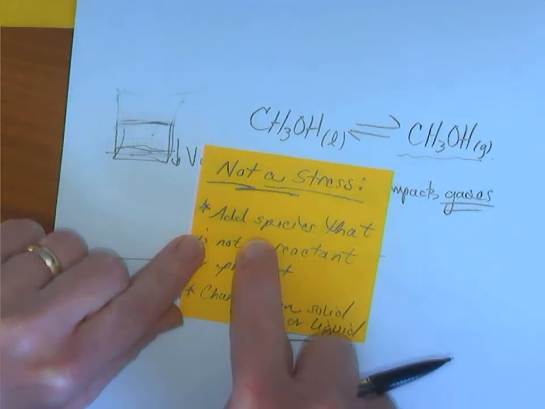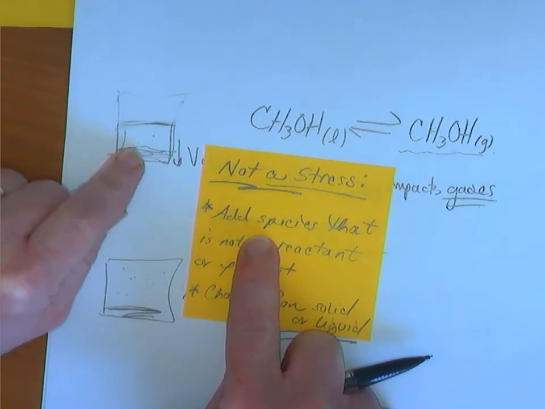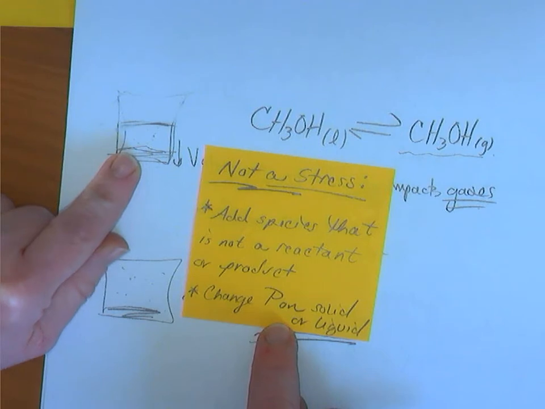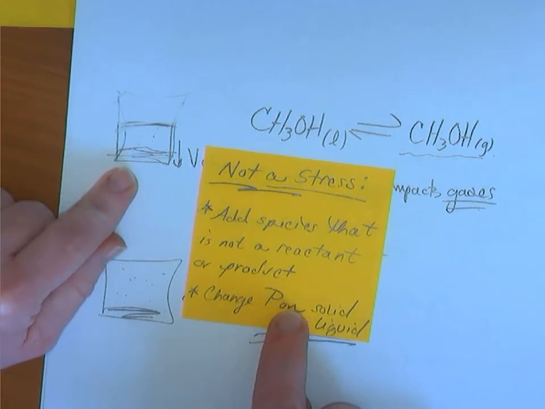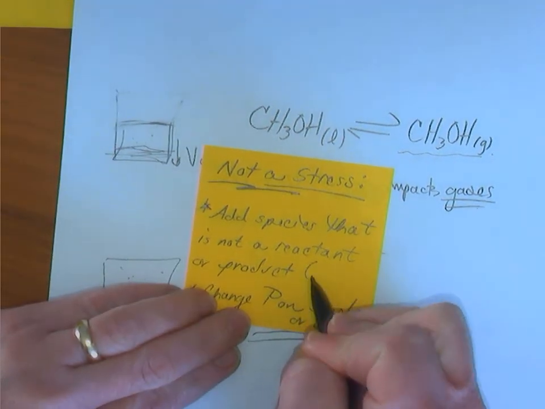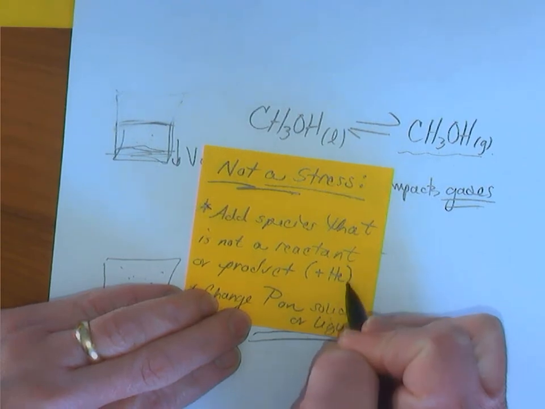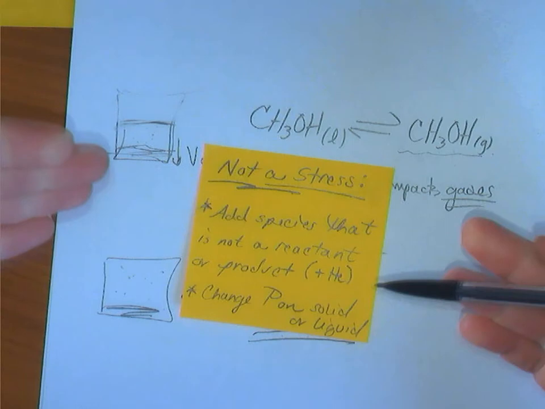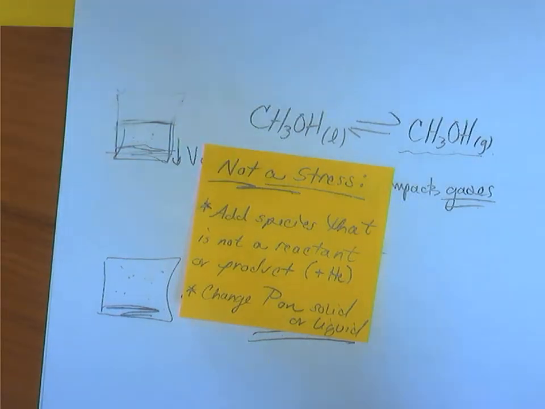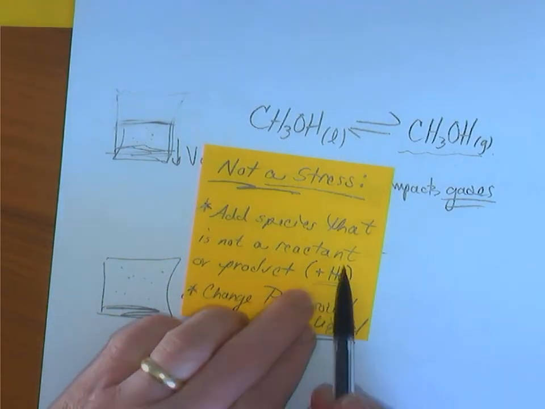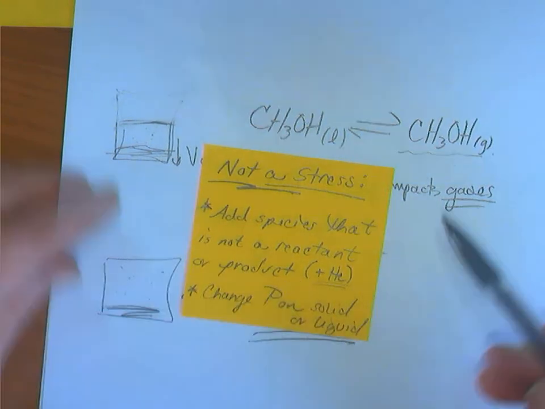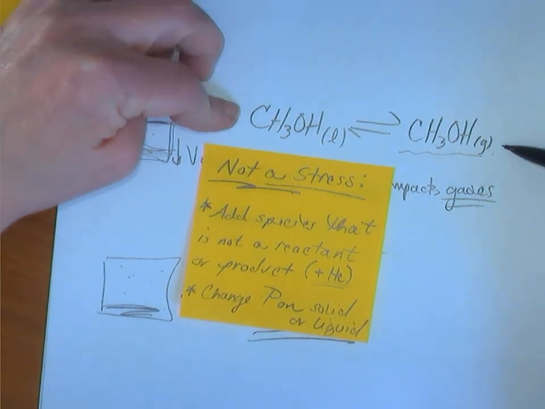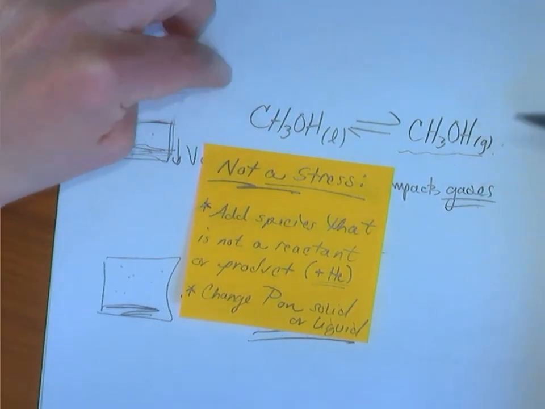You could add something to your vessel that is not actually a reactant or a product. So let's say, for example, that we added inert, so non-reactive, helium gas. Well, if we add gas, that's going to change pressure, but it's a different species that's not even involved in the reaction. So that would not be seen as a stress.